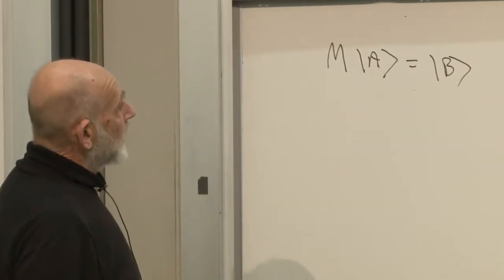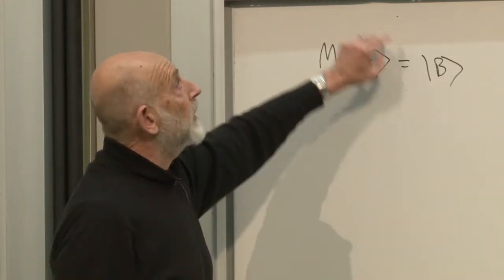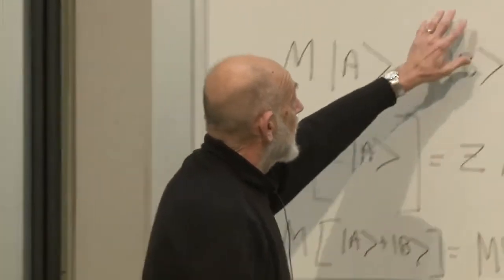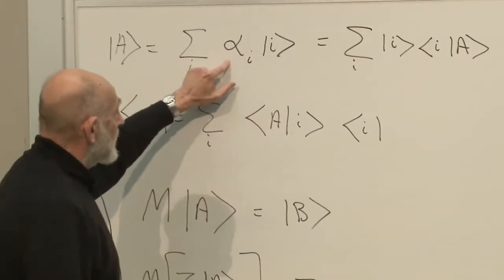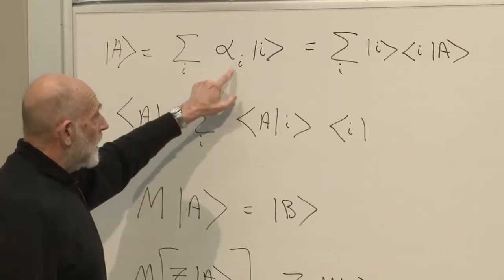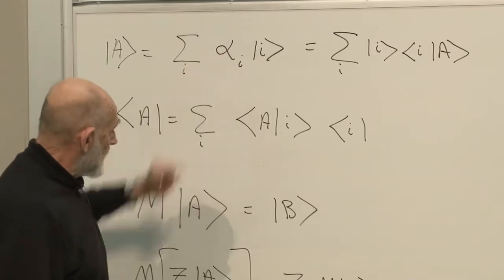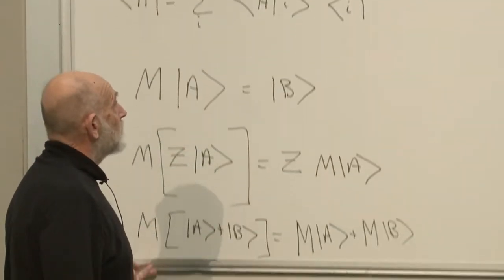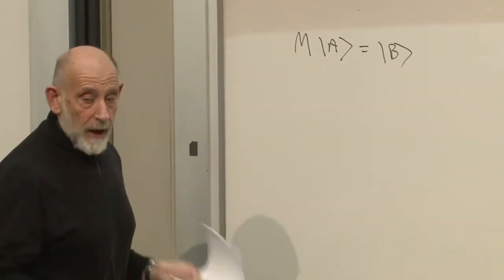I'm interested in the component of b along the axis i. By that I mean these objects over here, the alphas, they are the components of the vector a along the various basis vector directions. So alpha sub i's are the components of the vectors, and I'm interested in the components of the output vector.